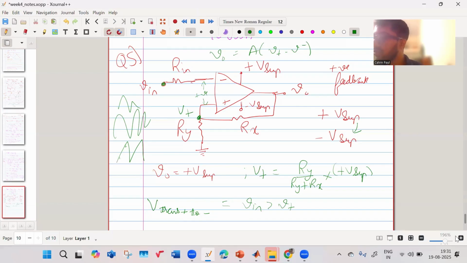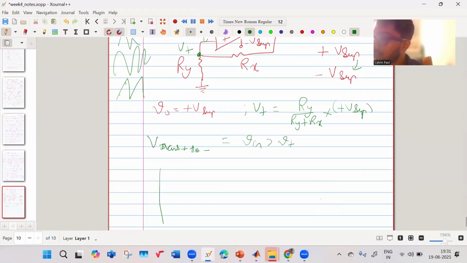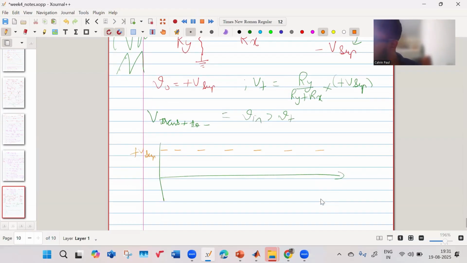So if you have, let us say, this is your plus V supply, and this is your minus V supply.